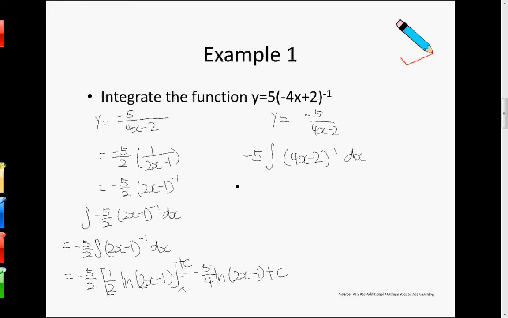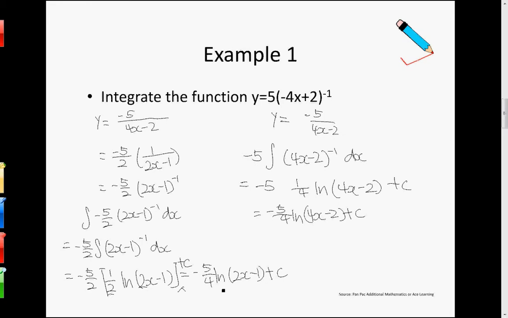This equals negative 5 times 1 over 4 ln 4x minus 2 plus c, which is just negative 5 over 4 ln 4x minus 2 plus c.